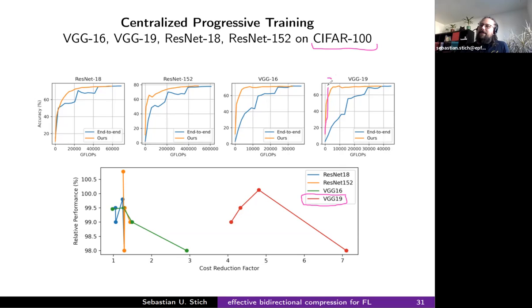Even on the smallest model, we can get very good accuracy. And this is the speed up: to achieve 100% performance or slightly more than what end-to-end training achieves, we can do so at a reduced cost by a factor of roughly 5. If you're happy with losing 2% of your final accuracy, you can increase the compression ratio even more. But of course, there is a trade-off that you have to decide depending on the application.